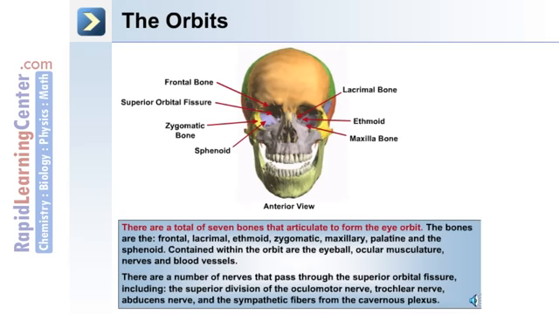The orbits of the eye are made up of a combination of 7 different bones. These bones are shown in this anterior view of the skull, and the bones are the frontal bone, the zygomatic bone, the sphenoid bone, the maxilla bone, the ethmoid bone, and the lacrimal bone.